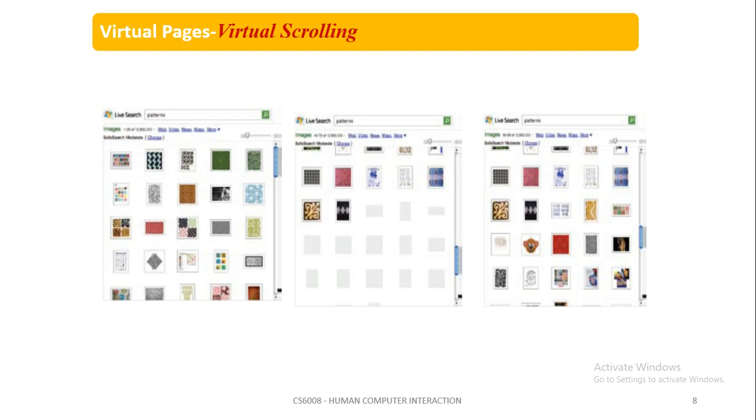Nearly 12,500,000 images are being visually loaded in this website. And here the scroll bar, the size of the scroll bar indicates the amount of the content that is being loaded.